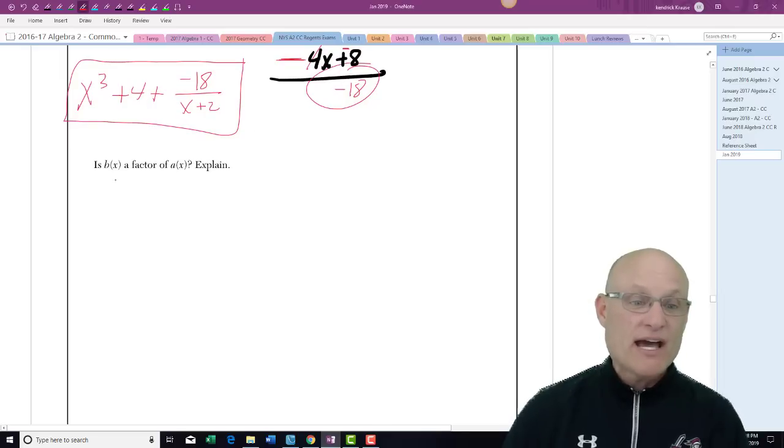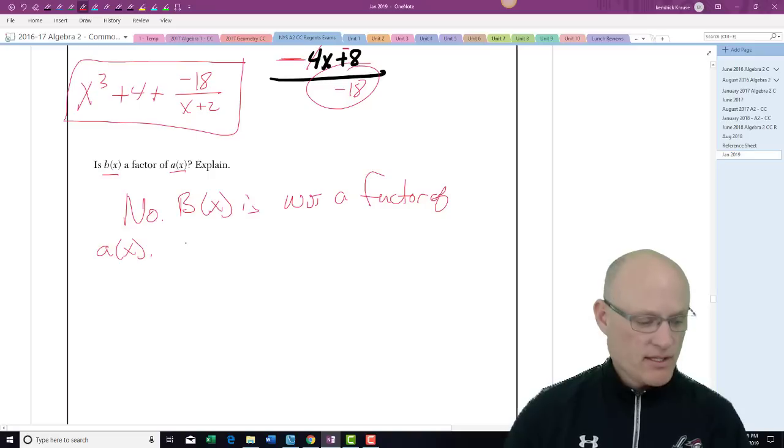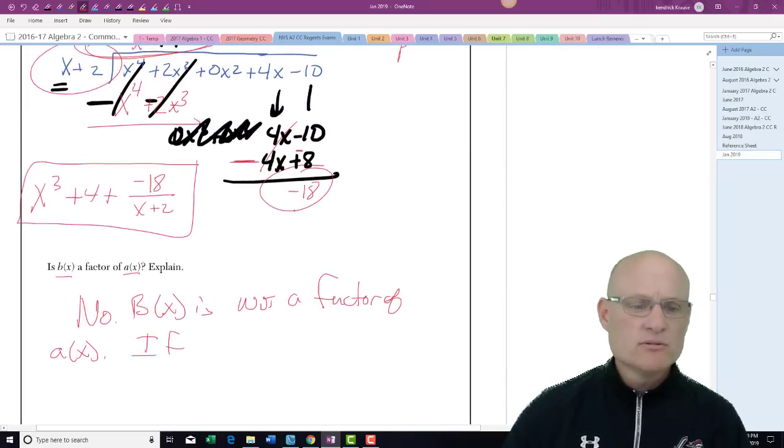But it says, is b of x a factor of a of x? And so we have to say no. B of x is not a factor of a of x. If, was it x plus 2?